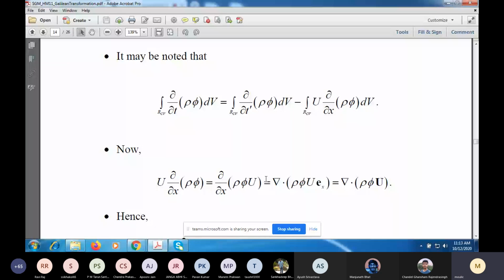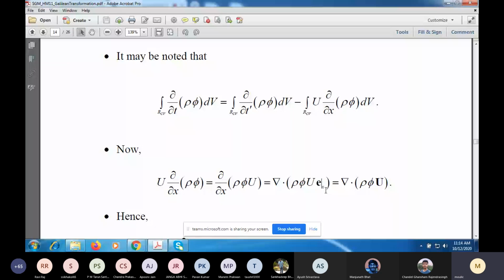Now, this is a product of three quantities: ρ, φ, and U. Consider a vector with magnitude ρφU and direction e_x. If you take the divergence of this, it will have only the x derivative because the y and z components of the vector are 0.